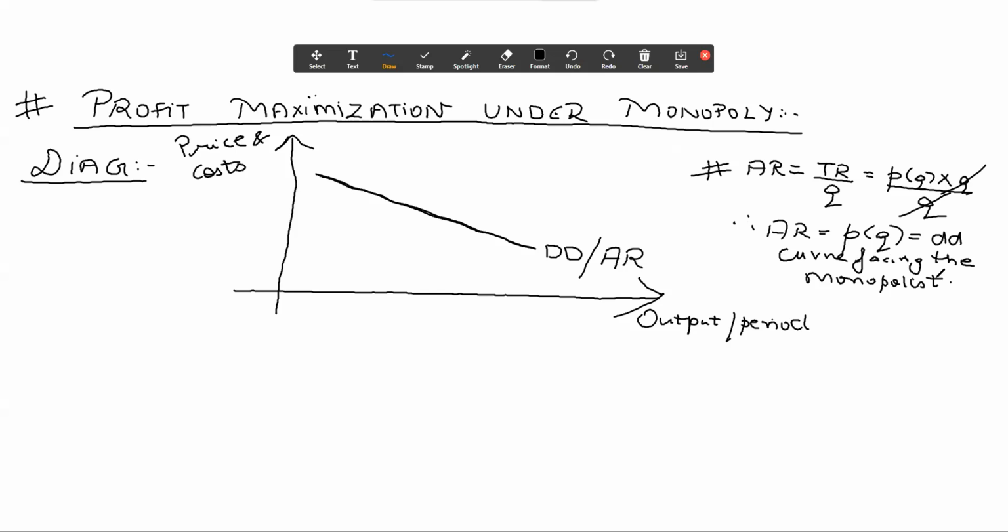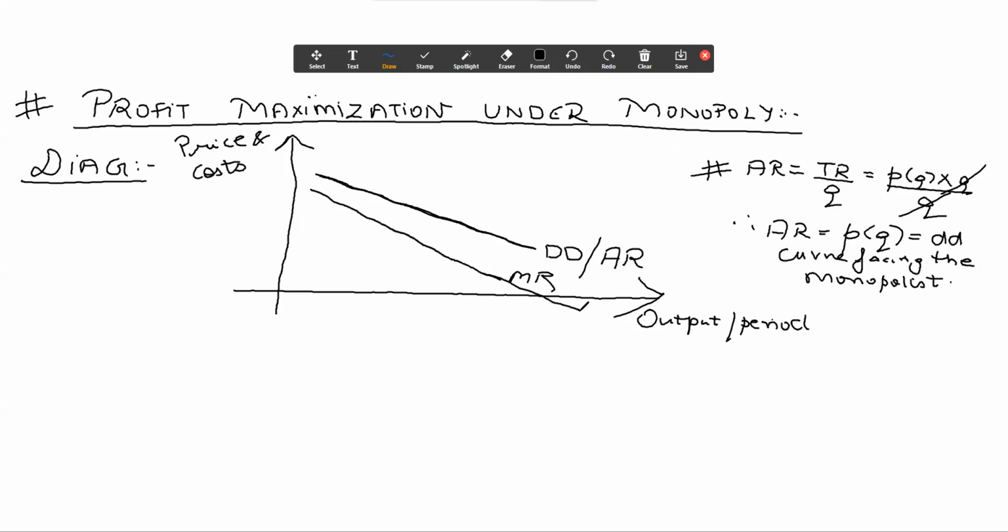Okay, then we have the MR curve. The MR curve lies below the demand curve. All of us know, and MR can even be negative. That means I can even stretch this line to the negative axis. MR can even be negative. So MR curve lies below the AR curve.